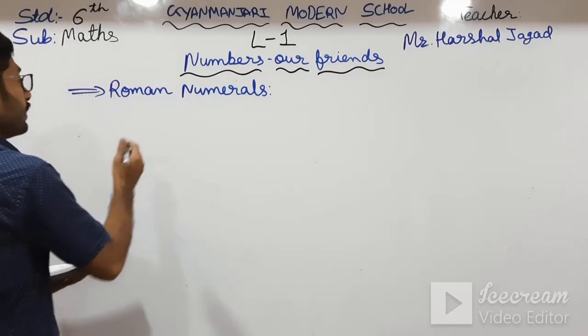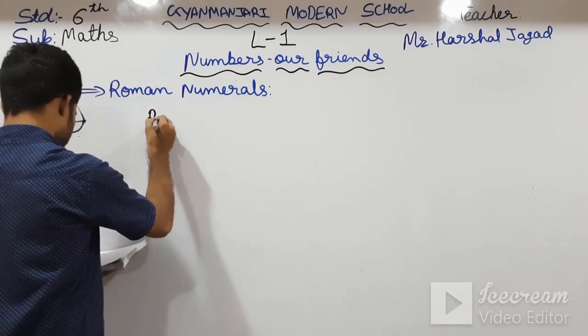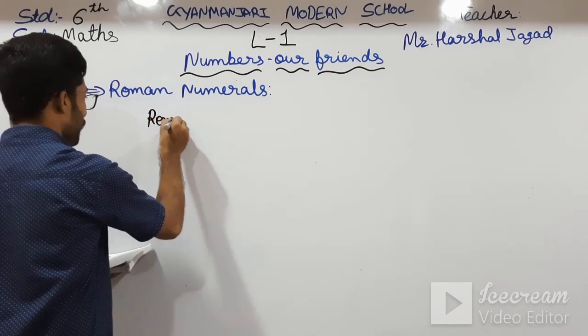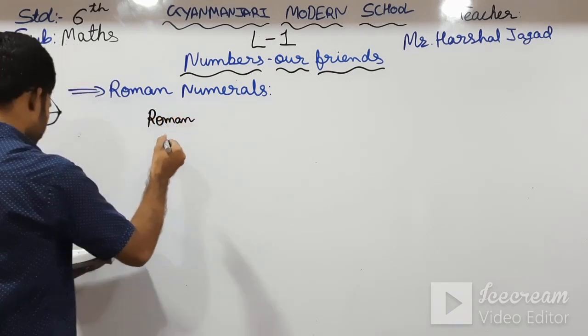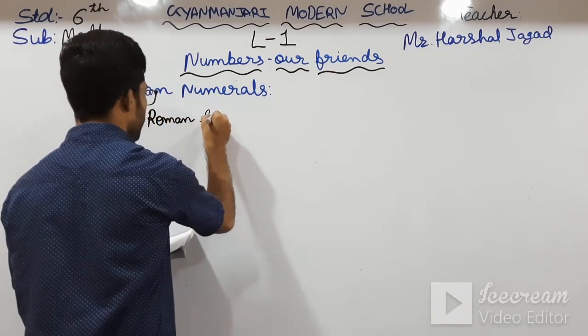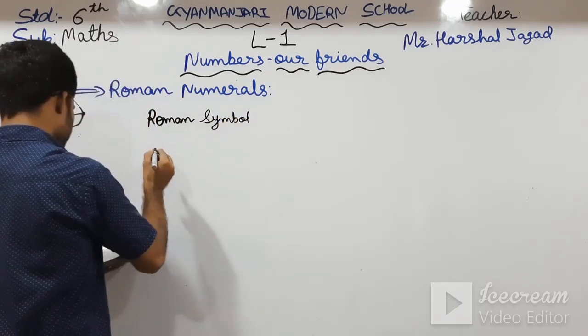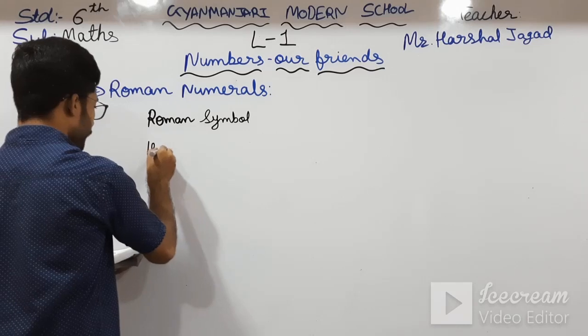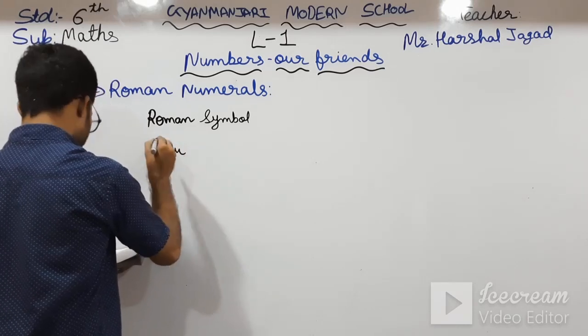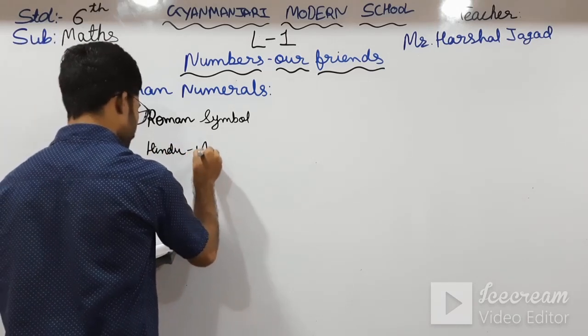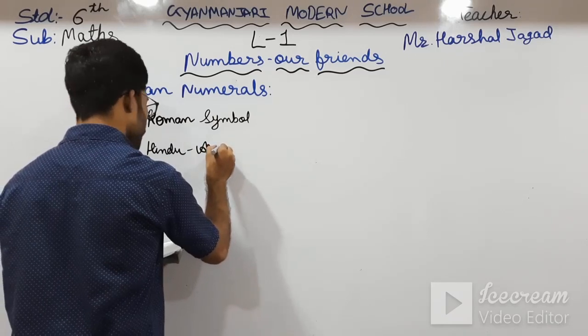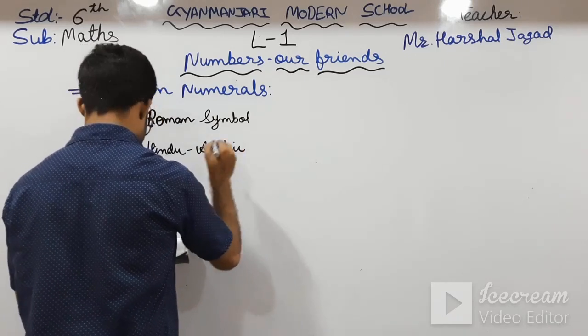Here is the table. Here first is Roman symbol, and here is Hindu Arabic number.